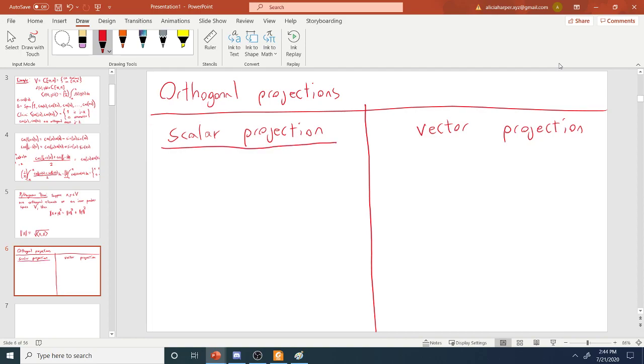The scalar projection, what should I call it?